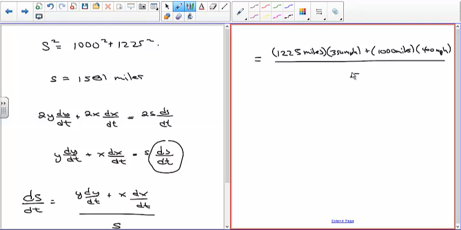We divide by 1,581 miles. You can see the miles cancel out, so we're just left with miles per hour, so ds/dt. And it should be increasing, both because dx/dt and dy/dt are positive. So 1225 times 350 plus 1,000 times 400, and then divide that whole thing by 1581.